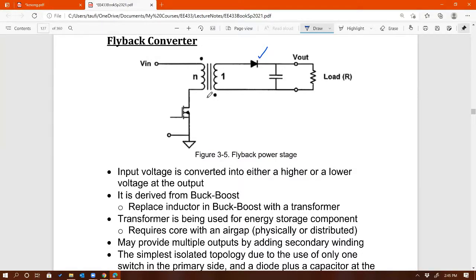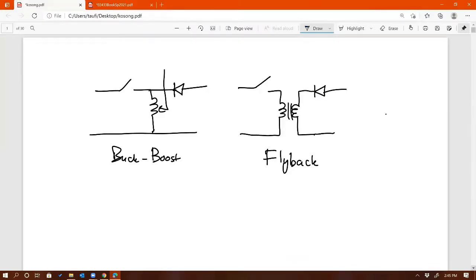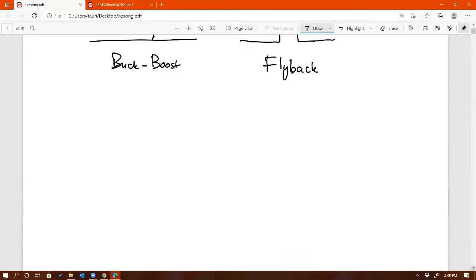The way we derive the transfer function is by looking at the magnetizing inductance of this transformer. You probably remember from EE433 that a real-world transformer has the following model.